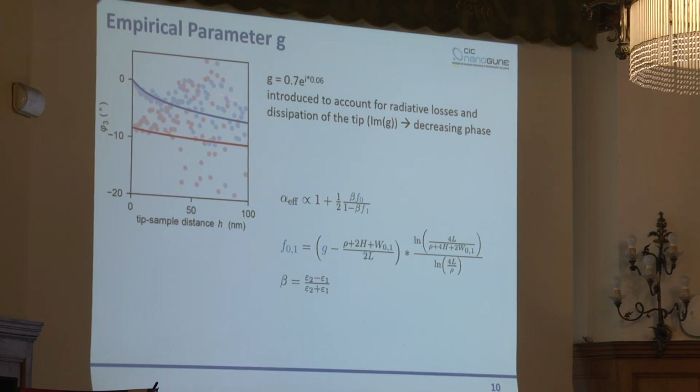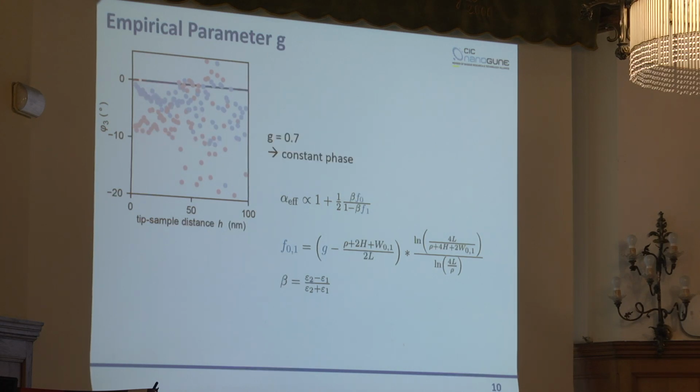So you already heard about this empirical parameter G, which was introduced to account for the radiative losses of the tip. And the calculations were done with this parameter here, which is typically used. And it goes into these parameters here when you calculate your polarizability, as you can see here.